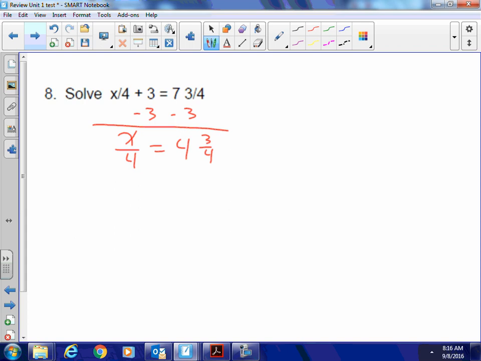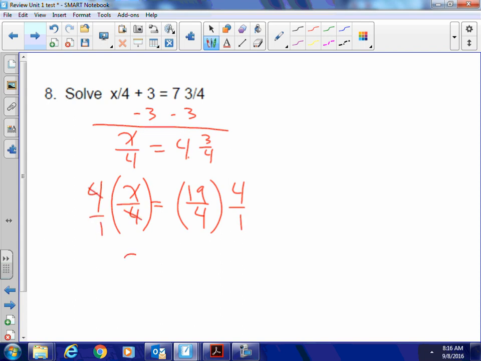However, I could rewrite this mixed number as an improper fraction, which would make things easier. 4 times 4 is 16, plus 3 is 19 over 4. Now let's multiply both sides by 4. We can put it over 1. Well, these 4's cancel. That's why we chose it. It gets x alone. These 4's cancel, and our answer is 19. And you should take the time now to plug 19 into your answer and check it.